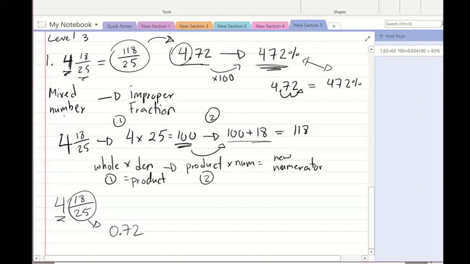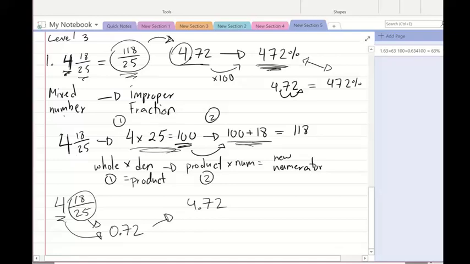And then you have this 4 right here. 4 plus 0.72 gives you 4.72. You get the same exact answer, but I really want you to get into the habit of converting to improper fractions, because there's some mathematics involved, and the more mathematics you do, the more practice you get, the better you're going to get at doing more challenging questions.